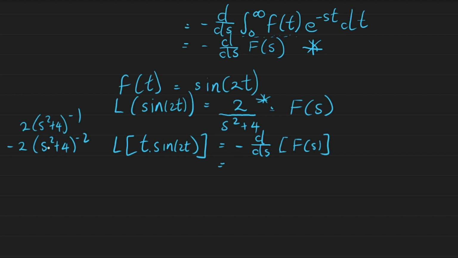But I also have to take the derivative of the inside function, so I multiply by 2s, because that's the derivative of s squared. 2 times 2 is 4, so I have minus 4s. The minus here and the minus in front give me a plus. So I'm left with 4s over s squared plus 4 squared. Remember, it's to the minus 2. So that's the Laplace transform of t times sine 2t.